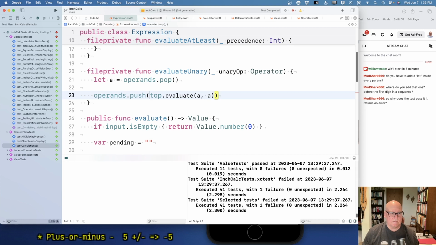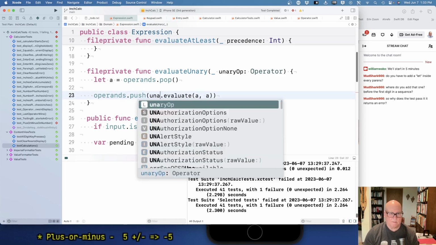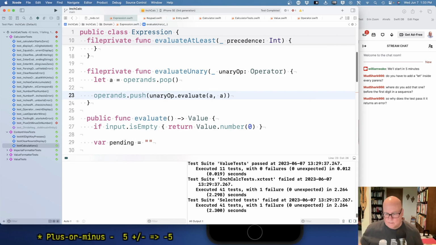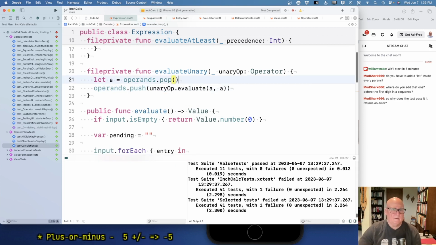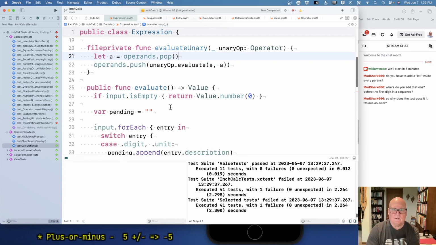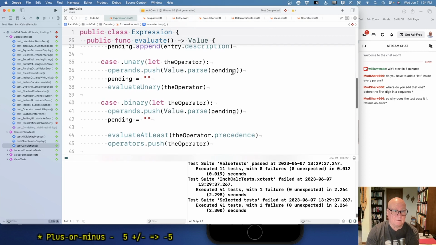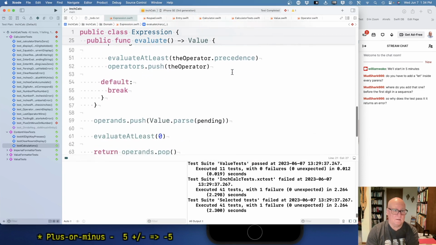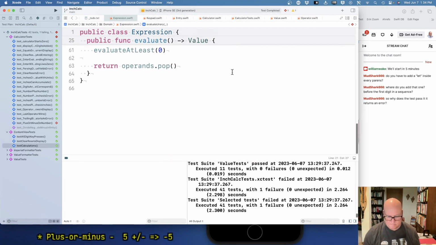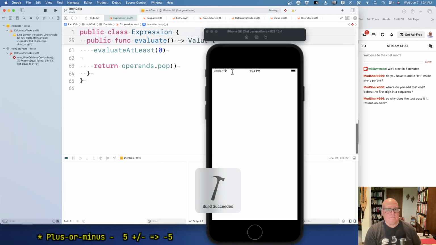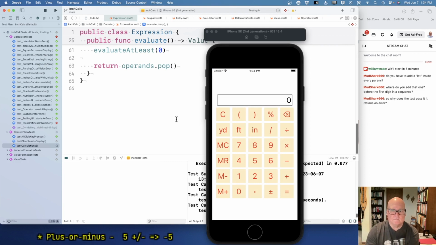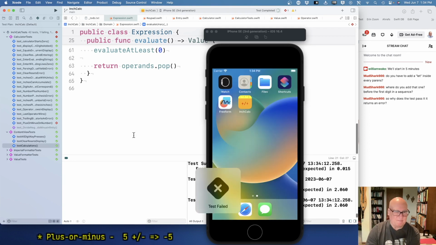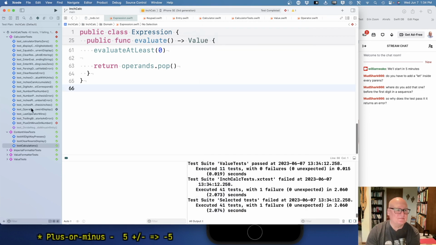Push unary op.evaluate. Okay, so to evaluate a unary operator, you just take the top operand and then push the result. I think that's right. Apparently not. Okay.